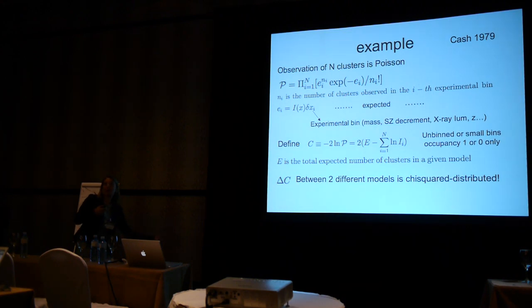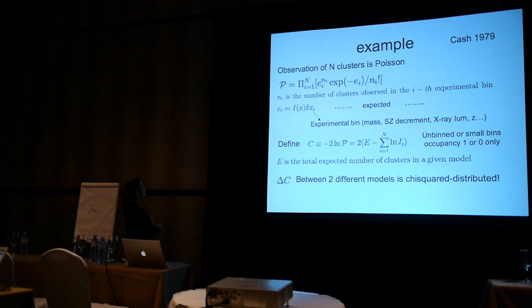You can make bins in mass, or you can make bins in other ratios. And so the expected number that you have in the bin is written by that, where this is your experimental bin. Again, mass, SZ decrement, X-ray luminosity, redshift, or whatever. So you can define what in the original paper is called the Cash statistic, which is minus 2 log of the probability. Now this sounds a lot like a chi-square because I'm taking a log of a likelihood, which is very similar to a chi-square.